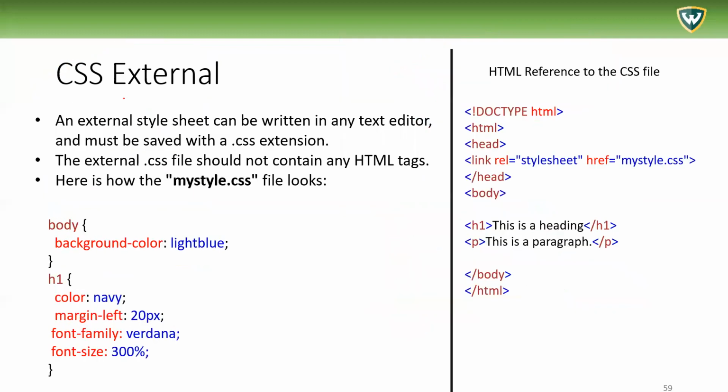Now, what usually happens is the most efficient and best way is to actually have external CSS. The external CSS is written in any text editor and must be saved with a .css extension.